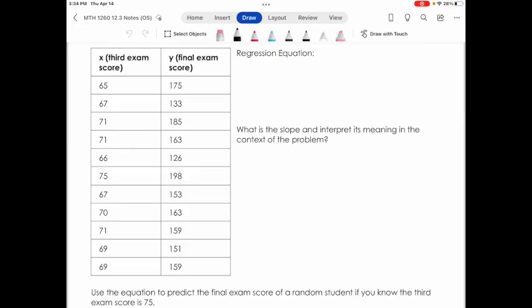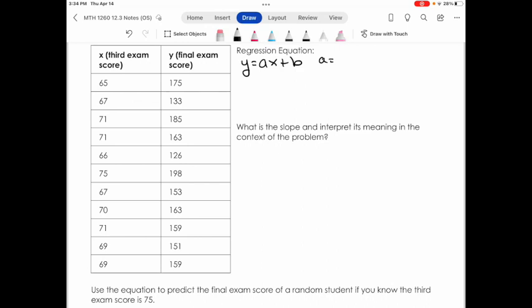Looking at the screen, here's your general equation that the calculator gives you. Then it tells you that A is 4.83. Let's round to two decimal places. And then it tells you that B is negative 173.51. So now I can use those values and create my equation.